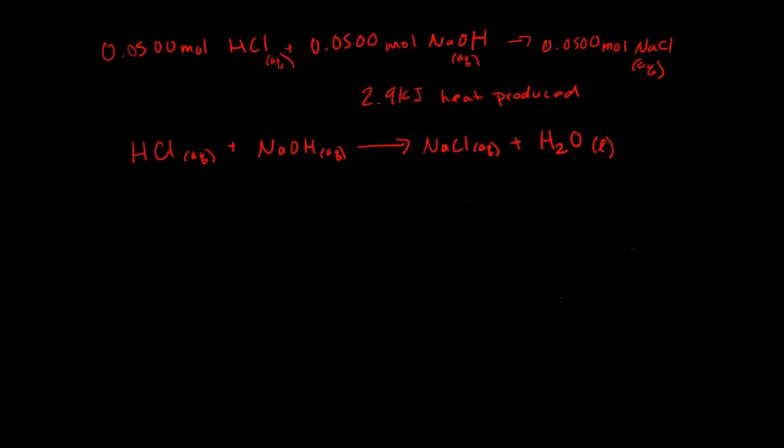Now for the reaction, we're told that we release 2.9 kilojoules of heat. So we can say that our delta H, we can go ahead and use the HCl. It doesn't matter what we use. We're going to go ahead and use reactants, though. We're not going to use the products here.